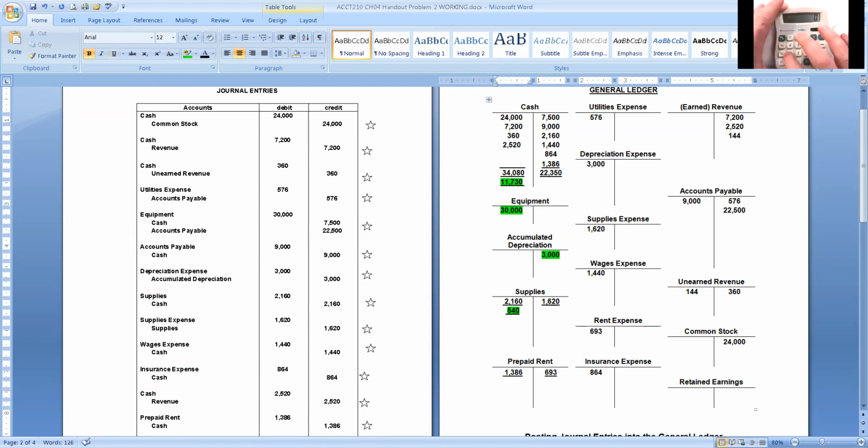Then 1,386. I think this one comes out to be the same. It's just half of that. 1,386 minus 693. 693.